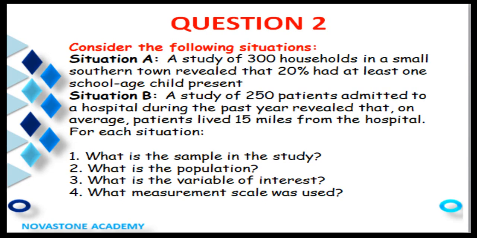For each situation, they're asking what is the sample in the study? What is the population? What is the variable of interest? What measurement scale was used? Okay. Now this is a very interesting question. So let's start with situation A.